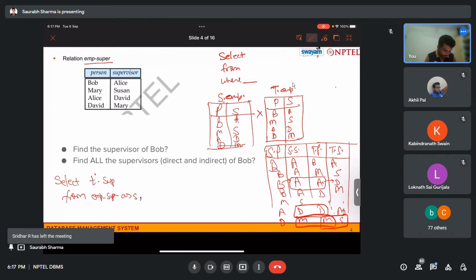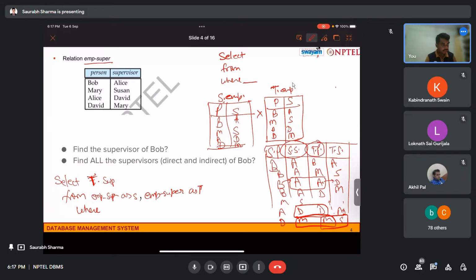So, from employee super as T, capital T, where the condition we have provided is S dot supervisor should be equal to T dot person.